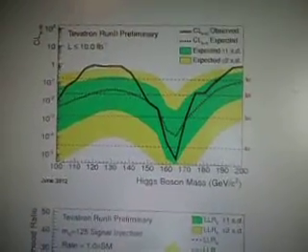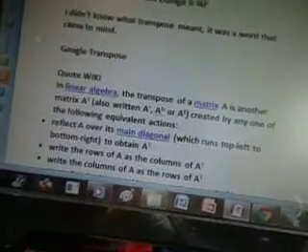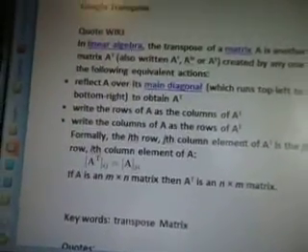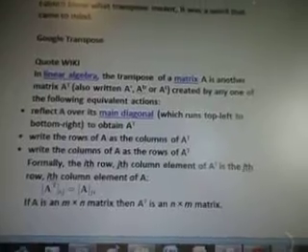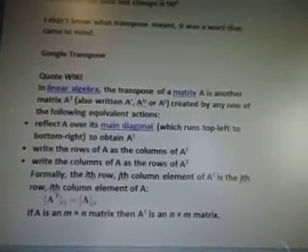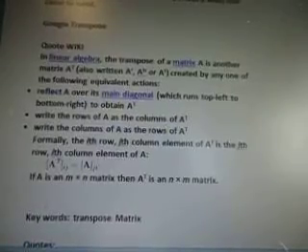So I was saying to change the signal, that's the formula to do it. So Google transpose, quotes from Wiki: In linear algebra, the transpose of a matrix A is another matrix, also written AT, created by one of the following equivalent actions.